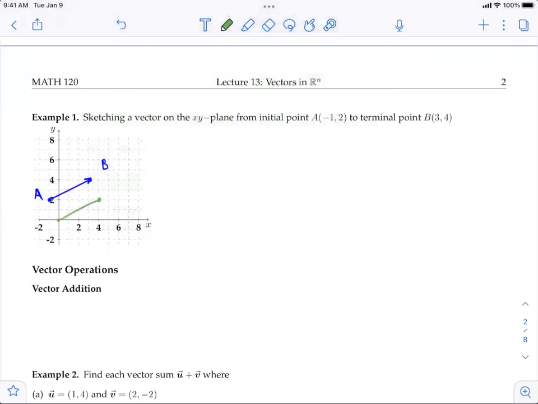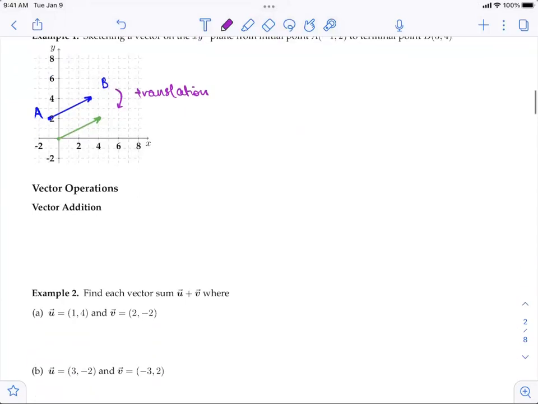Now you have the vector starting at the origin. So this particular concept is called translations. You move it to the right, you move it down, you move it up, you move it to the left, and things like that.